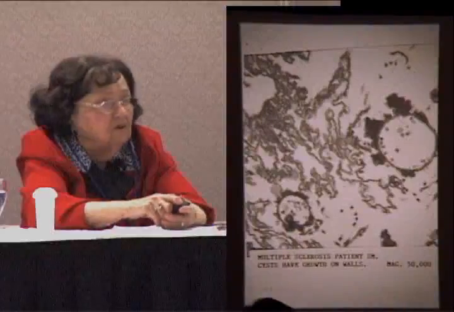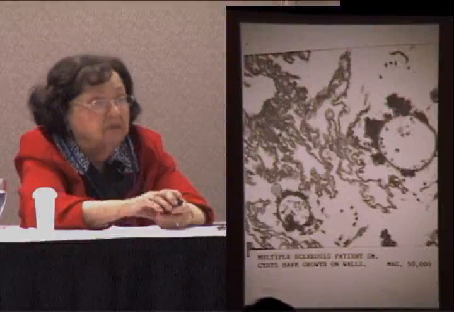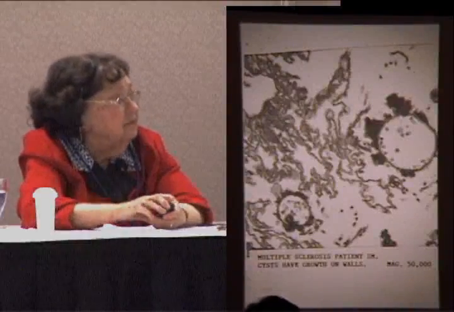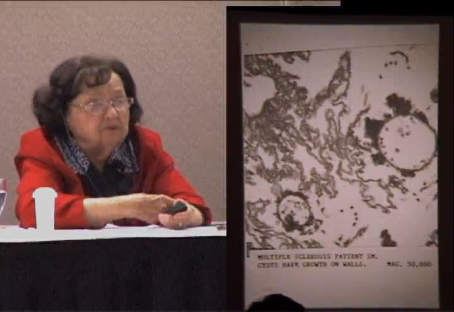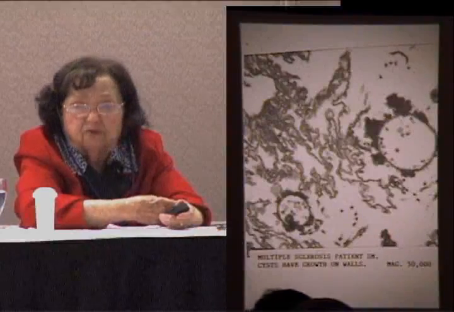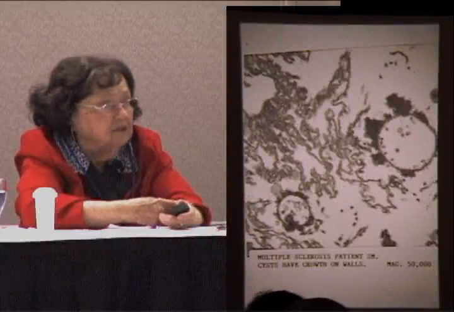The spirochetes all look pretty much alike. We know now they're not identical, but anyway, they're all a spirochete. And he found these cysts in multiple sclerosis, in the spinal fluid directly, and in spinal fluid cultures in BSK medium.